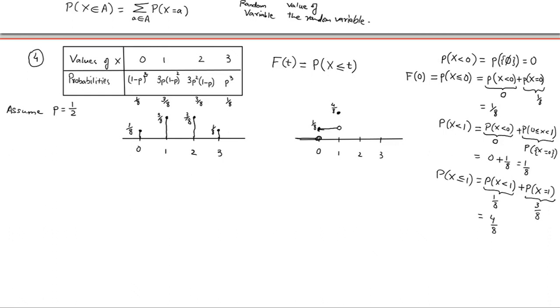Okay. So the empty circle means at 1 the value is not this one, the value is the filled circle. And using the same logic, the probability is going to remain the same, and then at 2 it will jump to which value?